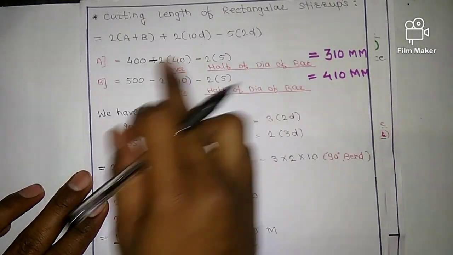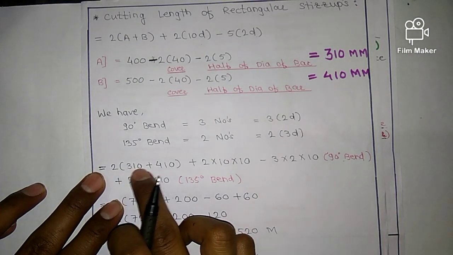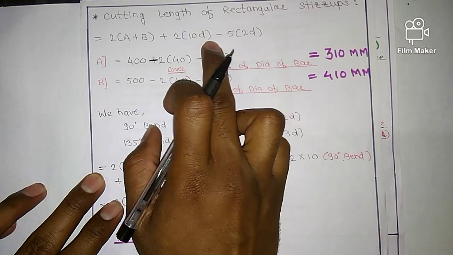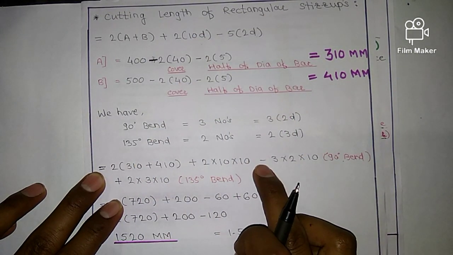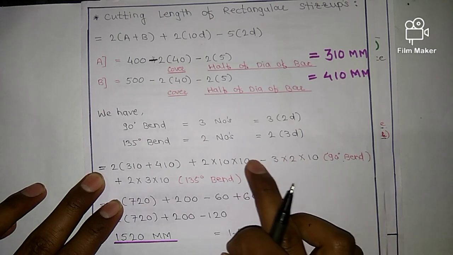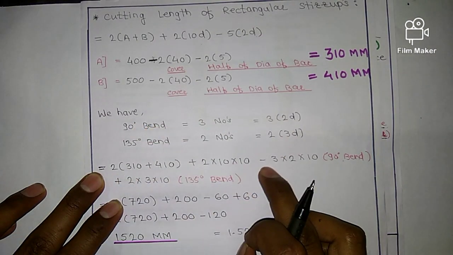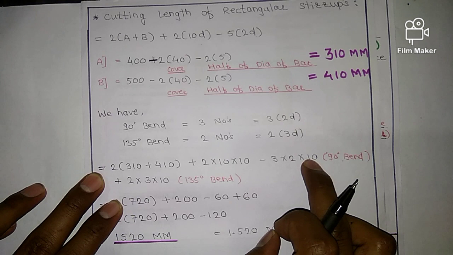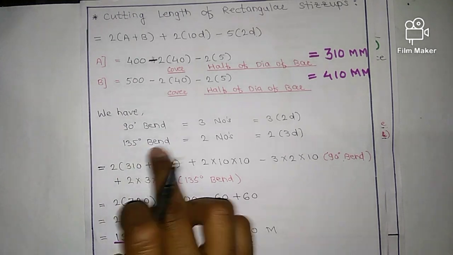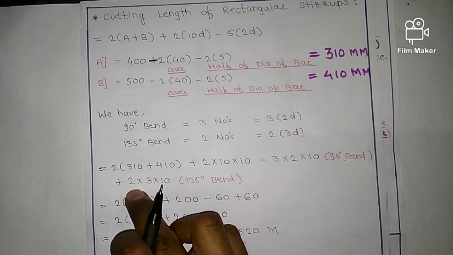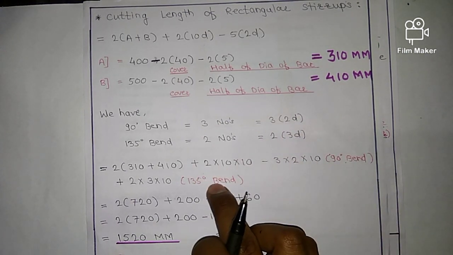Now put all these values in this formula, that is twice of (a plus b) is equal to twice of (310 plus 410) plus 2 times of 10d, that is 2 into 10, and this is the diameter of the bar, minus, now let us calculate the bend value, minus we have 3 bends of 90 degree, so 3 into 2d, this 10 is the diameter of the bar, plus we have 135-degree bend 2 numbers, so 2 into 3d, that we use 2d and 3d for 90-degree and 135-degree bend.